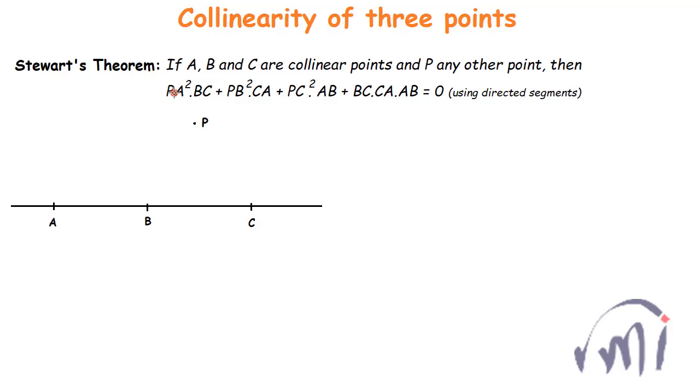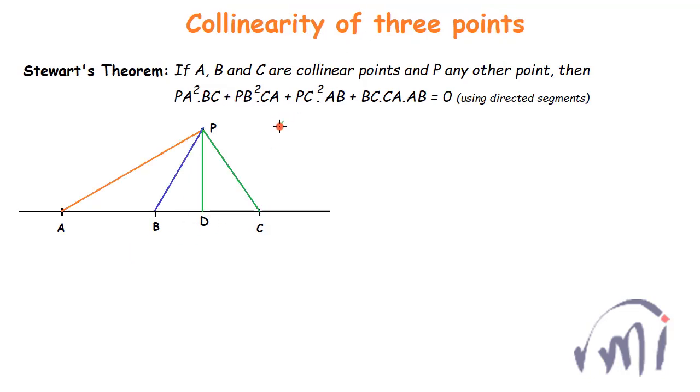And now I'll be doing a few constructions. So let me first draw a perpendicular from point P to this given line, and let me call this point D. And now here if I see triangle PDC, in this triangle PC square is equal to PD square plus DC square.